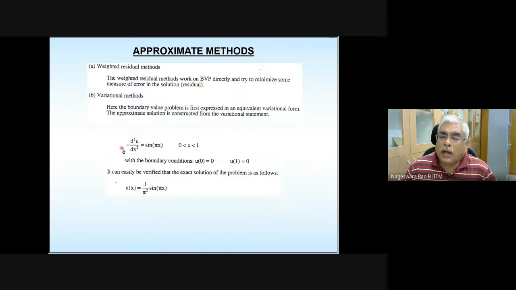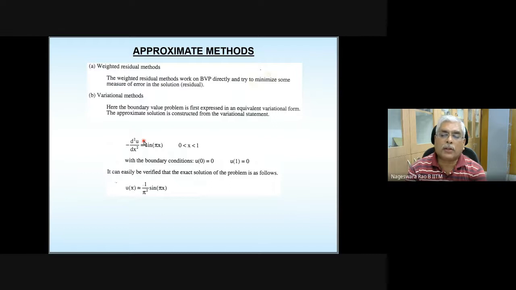So the point I want to make is, if U is approximate, then the left hand side is not going to match the right hand side exactly. There is going to be some difference.